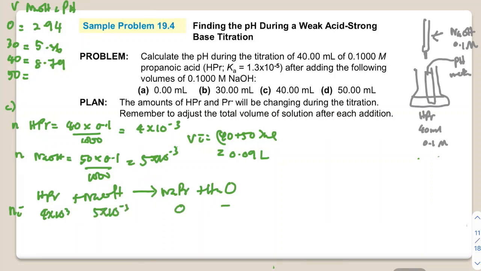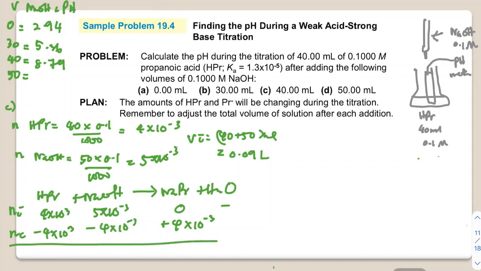NaBr 0, H2O dash, and the change is negative 4 times 10 negative 3, negative 4 times 10 negative 3, positive 4 times 10 negative 3. This is because HBr and sodium hydroxide's ratio is 1 to 1 and HBr is less than sodium hydroxide. So HBr is the limiting reactant and completely consumed.